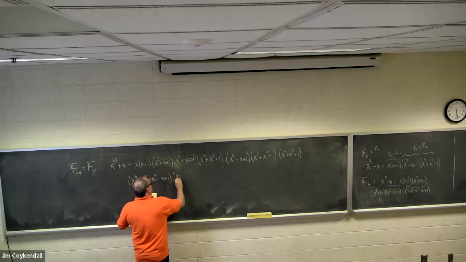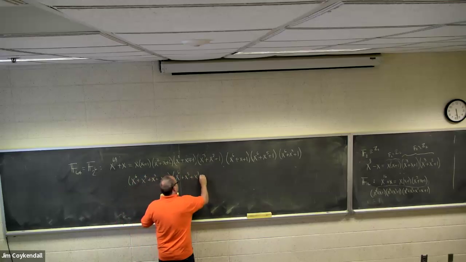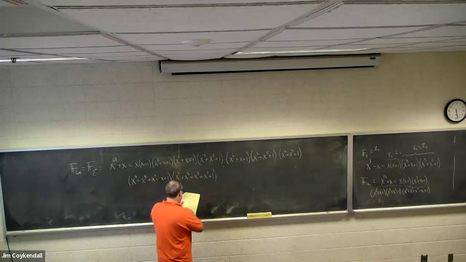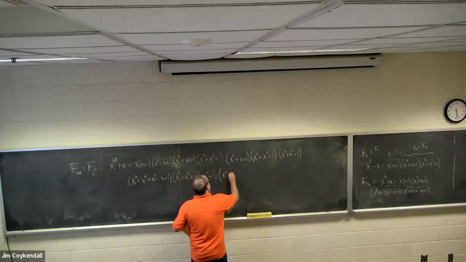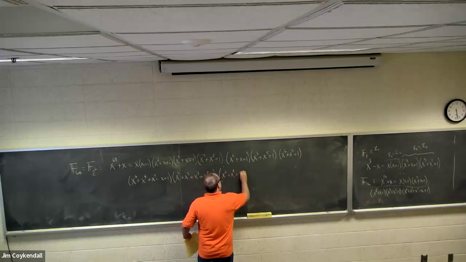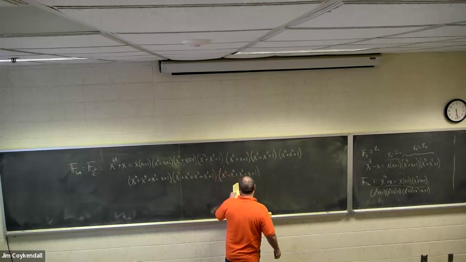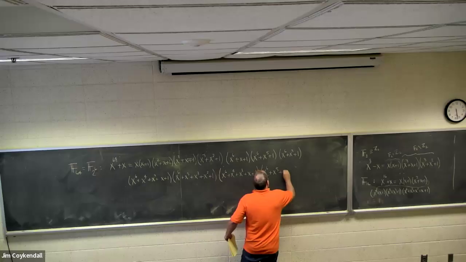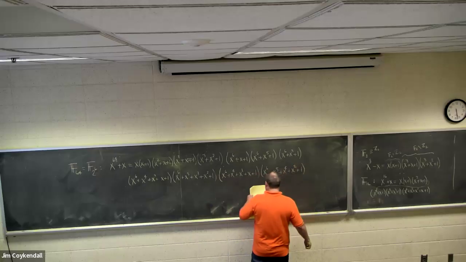And this gives rise to x^6 plus x^5 plus x^3 plus x^2 plus 1. Then x^6, 4, 2, 1. Right, so that should give rise to x^6 plus x^5 plus x^4 plus x^2 plus 1.